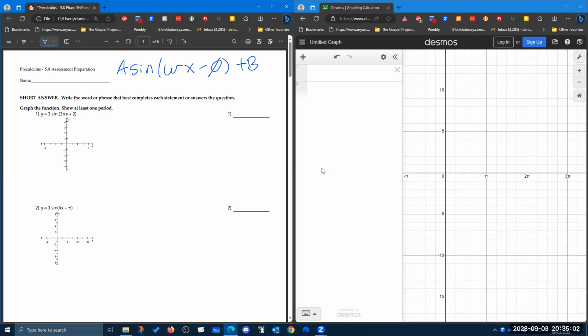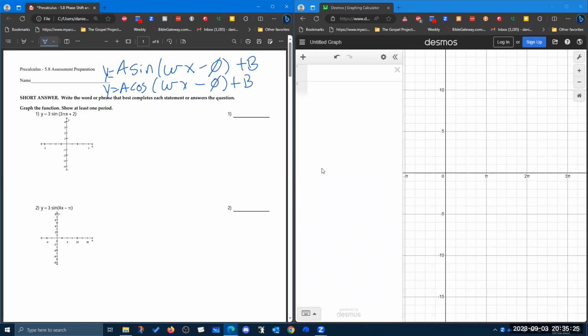This is my general form, y equals a generic sine function, or y equals a cosine of omega x minus phi plus b, where b is going to be my baseline, my vertical shift.